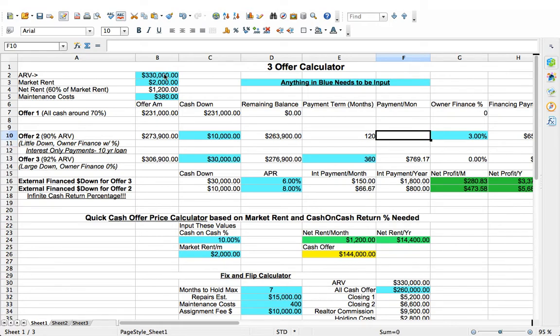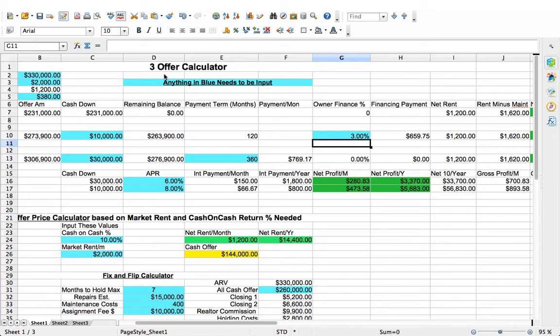So this one, you're not paying off the principal, so that's going to stay blank. This one automatically calculates. It's going to be 769 per month, just balance payments. So you can work in here what your owner finance would be, what percentage you're going to use. There's obviously no owner financing on the first offer, that's all cash.